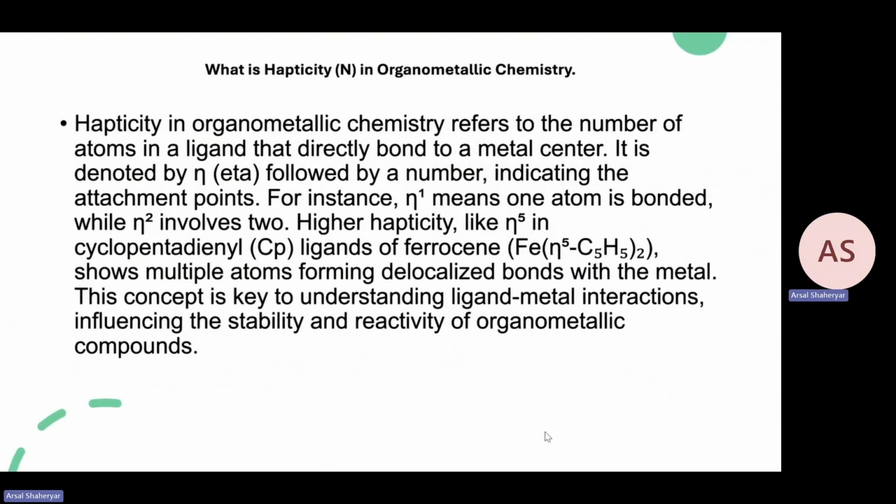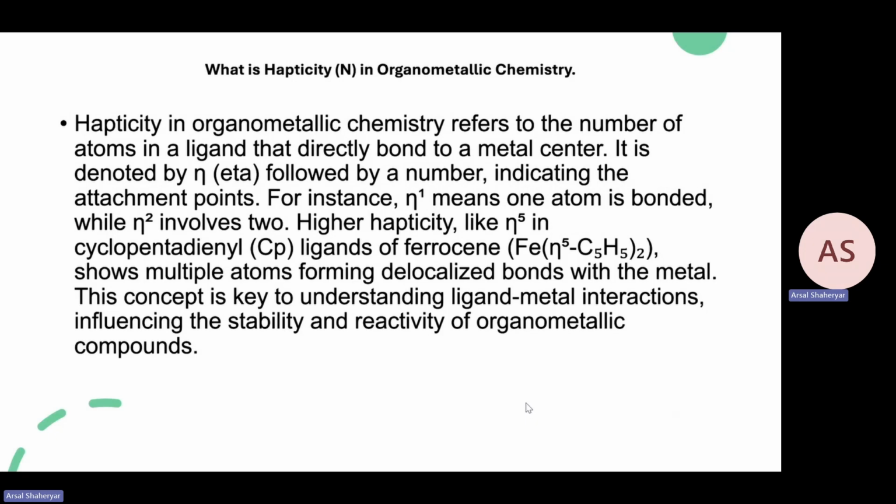Now, you may be wondering, what is hapticity in organometallic chemistry? Hapticity in organometallic chemistry refers to the number of atoms in a ligand that directly bond to a metal center. It is denoted by eta, followed by a number indicating the attachment points. For instance, eta 1 means one atom is bonded, while eta 2 involves two.